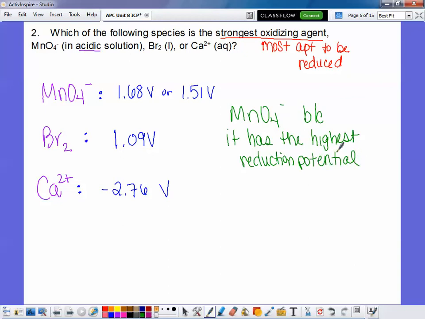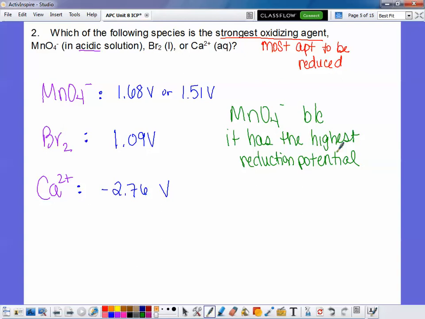Of these three, calcium is most likely to be oxidized because it has the lowest reduction potential. So if we had a reaction between MnO4 minus and Ca2 plus in acidic solutions, the Ca2 plus would actually be a product. It would be oxidized to that from calcium. Okay? And that's what we're going to be looking at.